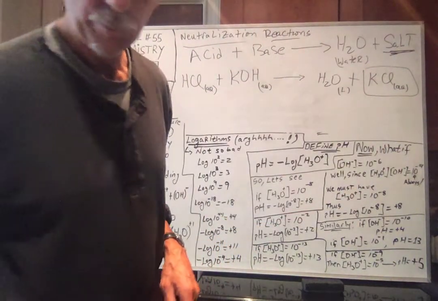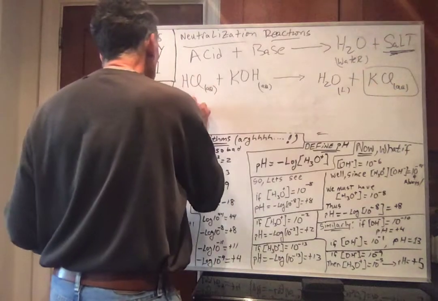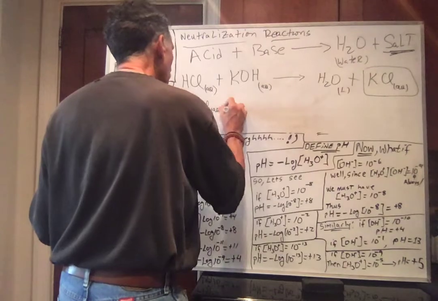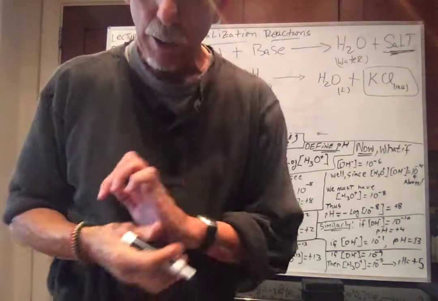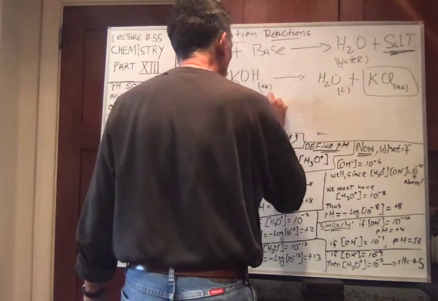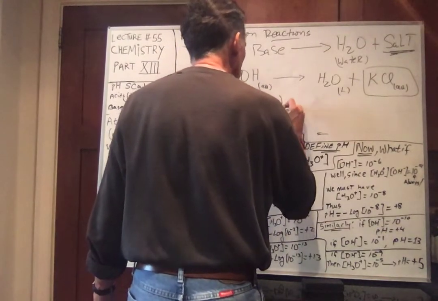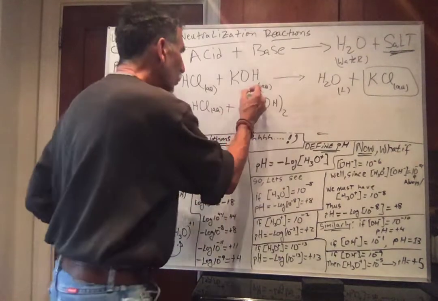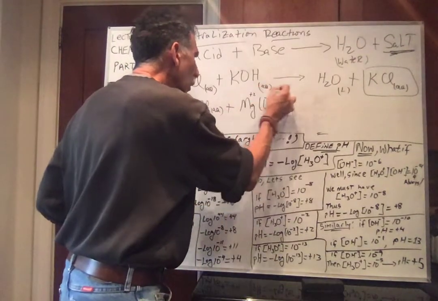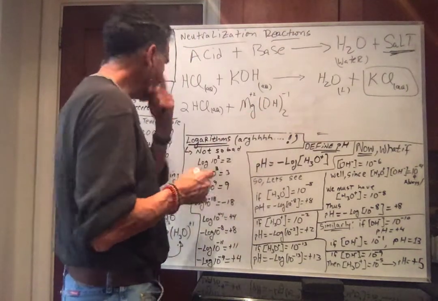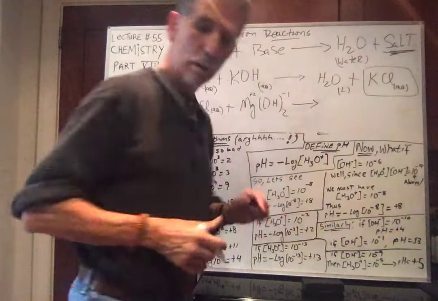Okay, let's look at this. 2HCl aqueous plus, let's see, I think we'll mix some magnesium hydroxide, Mg(OH)2. Remember, magnesium is group 2, so it has a charge of +2. I'll write the oxidation numbers to review. Hydroxide has an oxidation number of -1, so this is magnesium hydroxide. What do we get out?